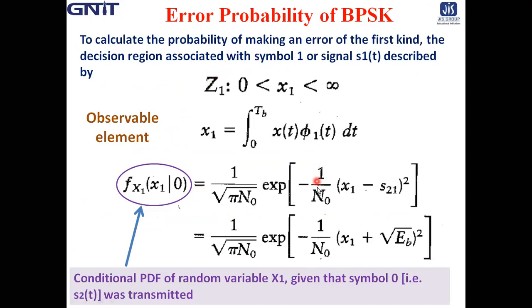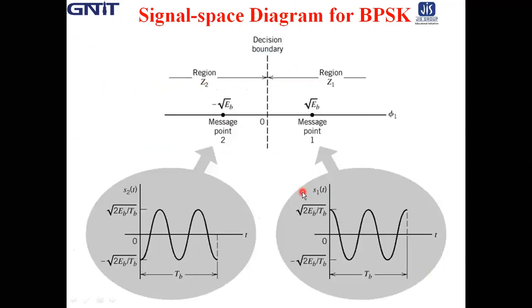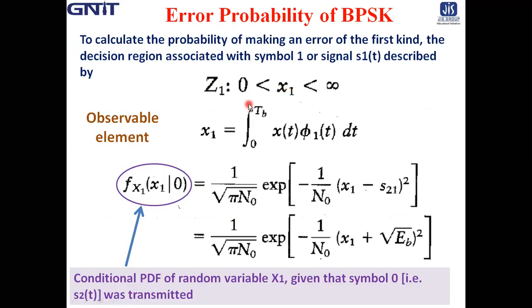To calculate the probability of making an error of the first kind, we note from this figure that the decision region associated with symbol 1 or signal S1(t) is described as 0 to infinity, Z1, where x1 belongs to Z1, that means it is defined from 0 up to infinity.